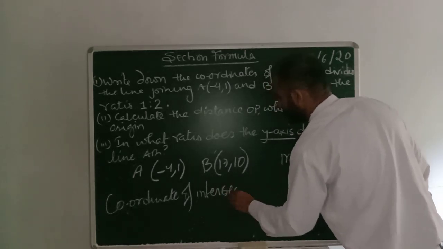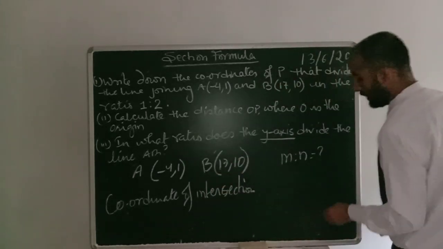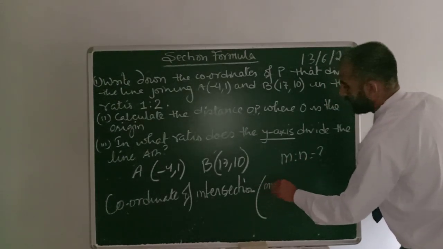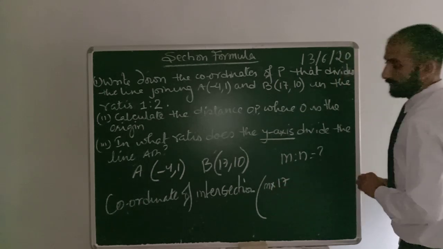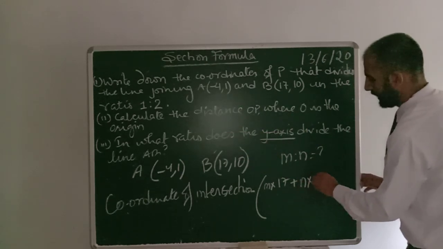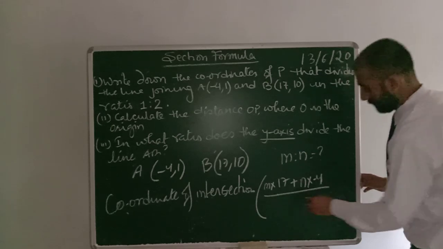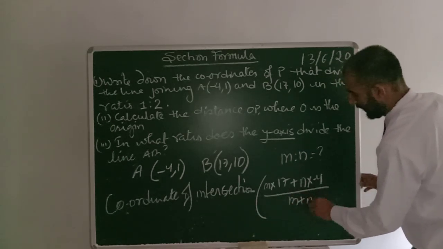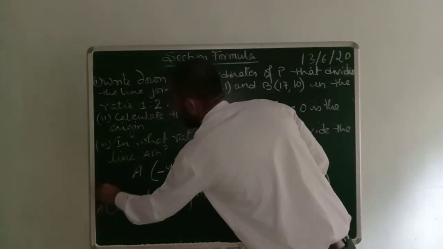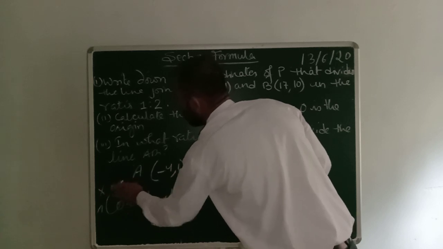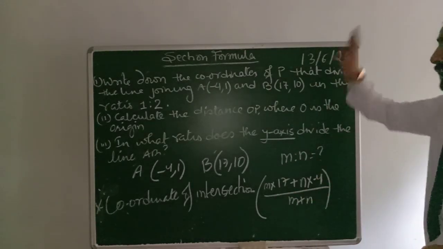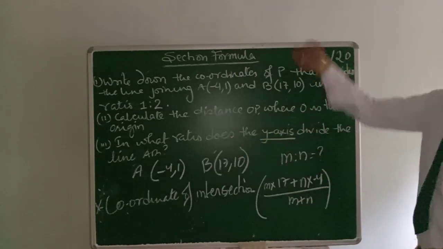Coordinate of intersection. Let's see. mx2, m is m itself, x2 is 17, plus nx1, n into minus 4, by m plus n. I will just find the x coordinate, because we know that when any line is divided by the y-axis, its x coordinate is 0.